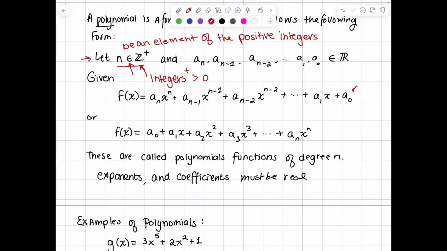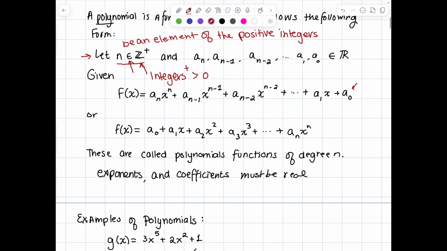Now that's the way the book likes to write it, in descending order. Typically when I like to write polynomials, I will start off with the smallest value and go in ascending order all the way up to the highest value. So I kind of just swap it around, which doesn't really make a difference, as long as you know what the highest degree is.